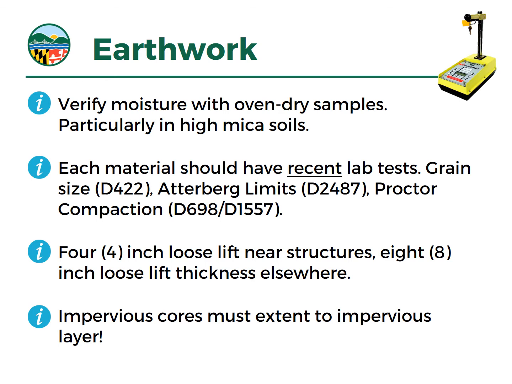But that's a minimum. 378 goes on in another section to say if you haven't intercepted an impervious layer, you need to put in some kind of internal drainage, like a toe drain or a blanket and chimney drain. They don't specifically say what type of drainage, but that's what they're getting at. So the reality is the impervious core needs to extend to an impervious layer.